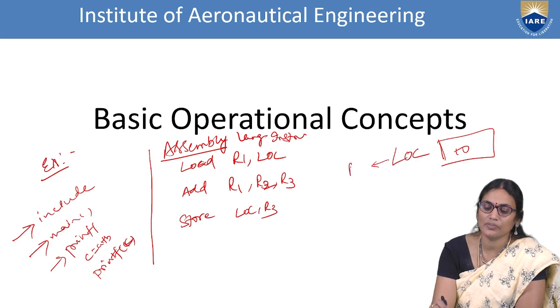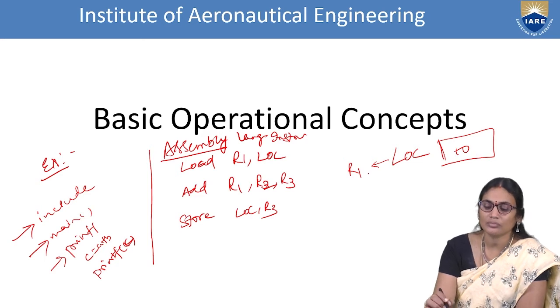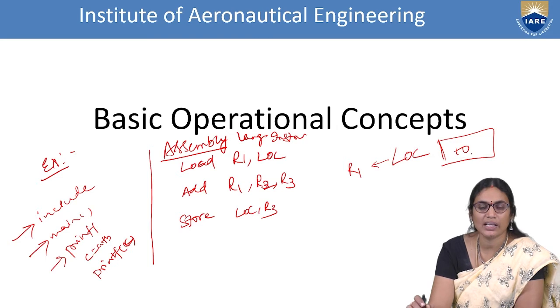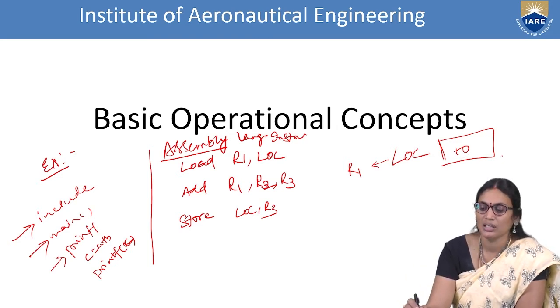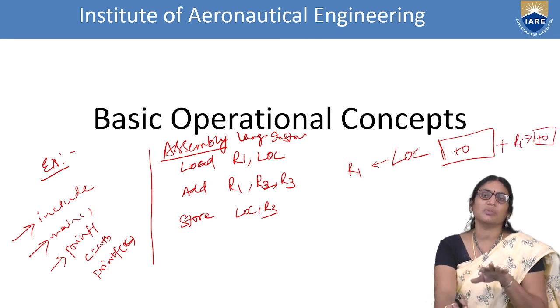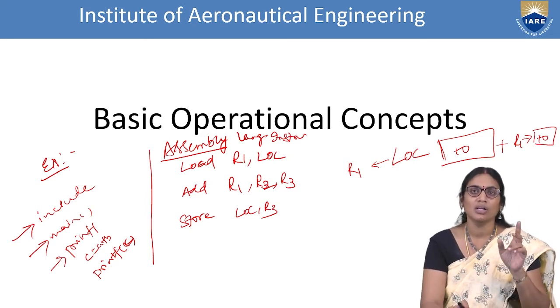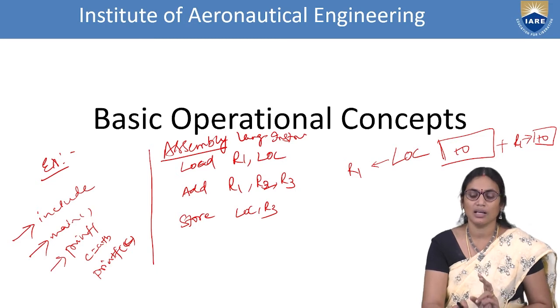LOC is being loaded into R1. Load R1 comma LOC means the LOC value is now loaded into R1. The 10 which you have been holding in LOC is copied to R1. That means LOC and R1 both will have the same value of 10, something like call by value, which maintains duplicate values in both LOC as well as R1.